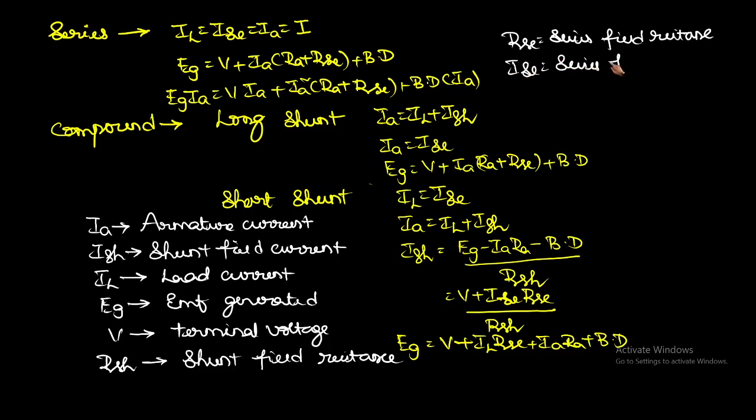B.D is the brush drop, the brush contact drop. Whenever it is given in the problem only you have to consider it, otherwise you can neglect it. I think I have covered all the terminology I have used here. This is the terminology we are using for problem solving.